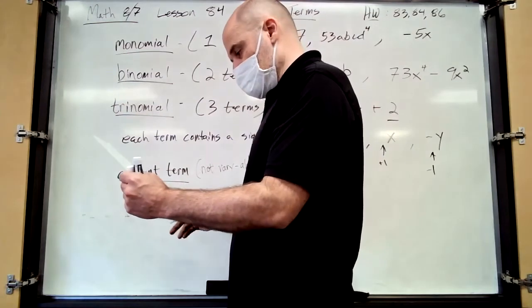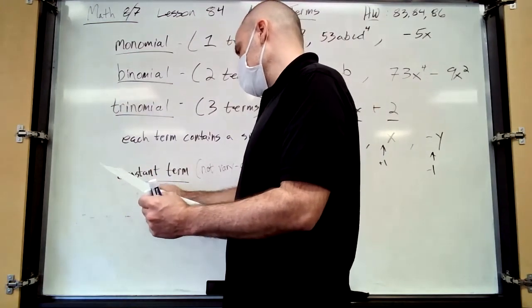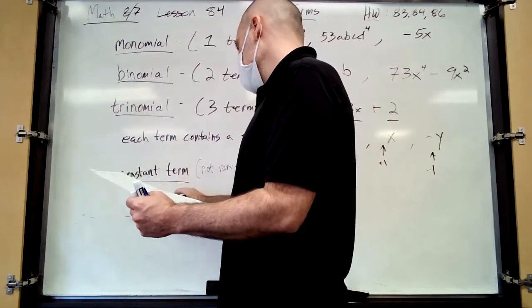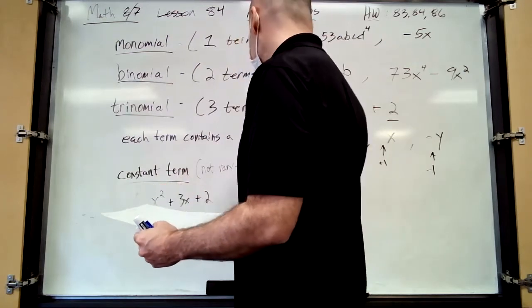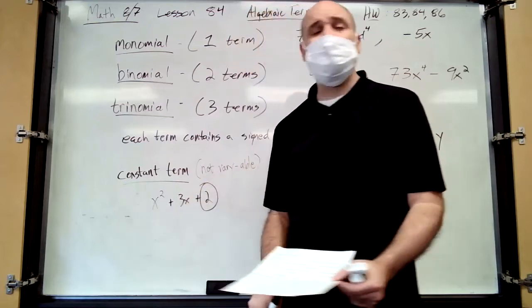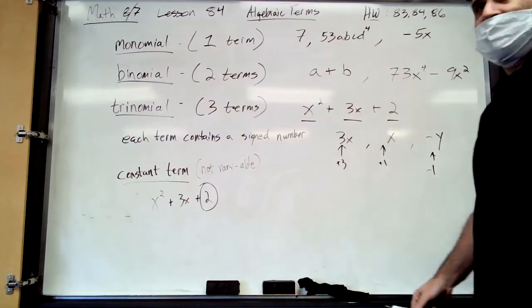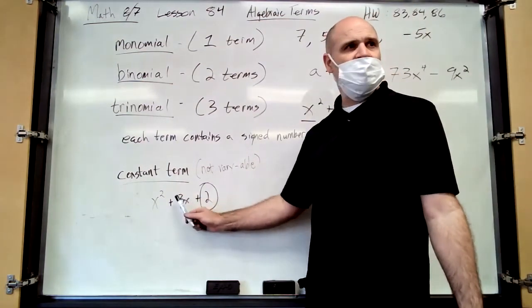So for example, if you have a bunch of terms, here's a trinomial, x squared plus 3x plus 2, like what we had up here. This is your constant term because there's no variables in it. There's no letters that would make that 2 ever change from being 2. So if x is 7, that would make this term 21.